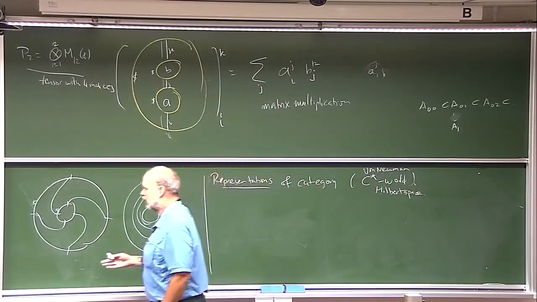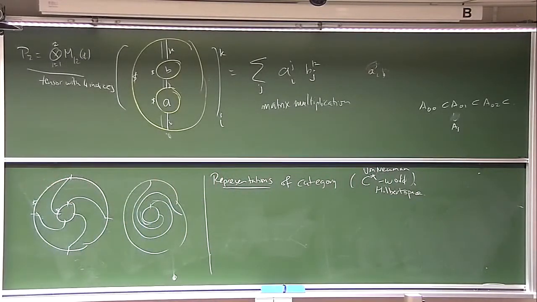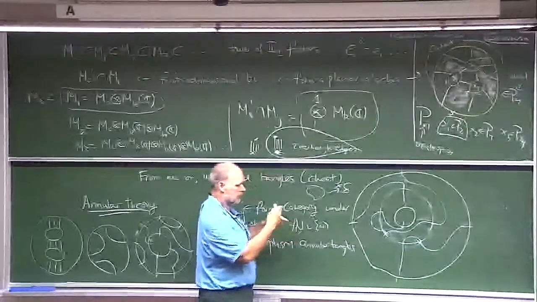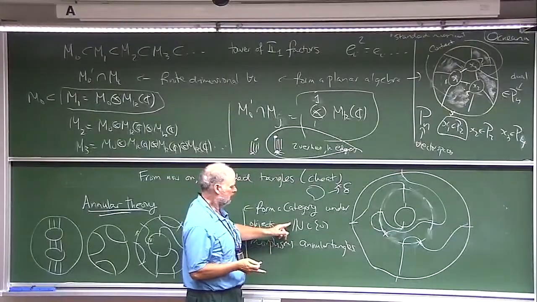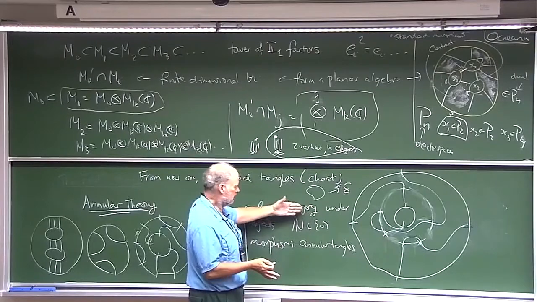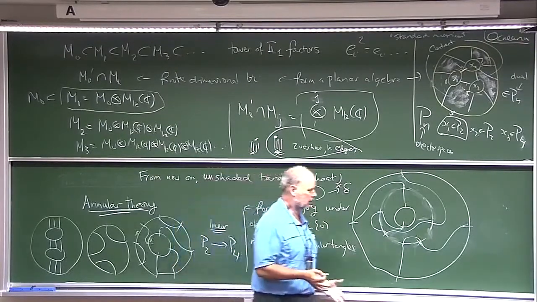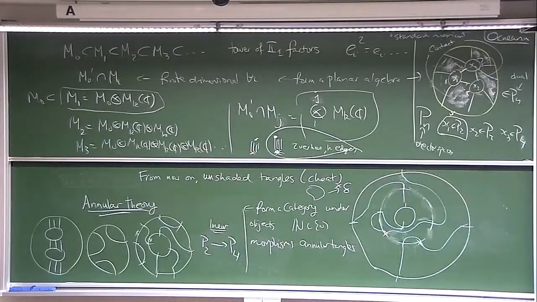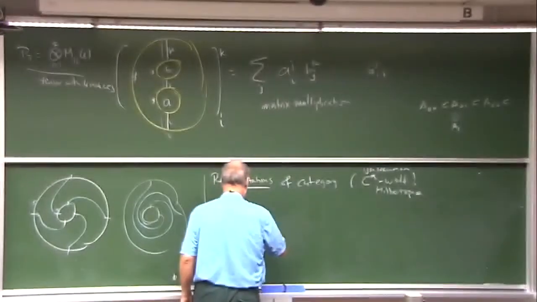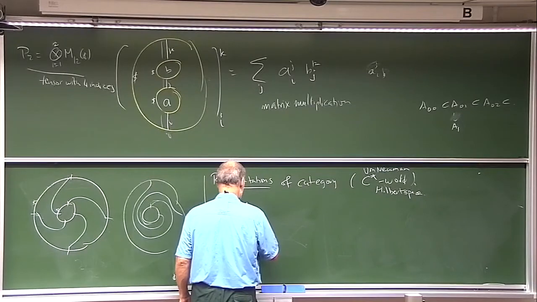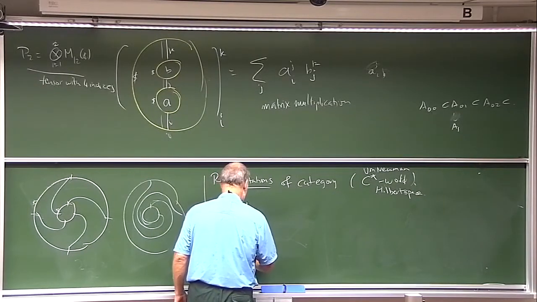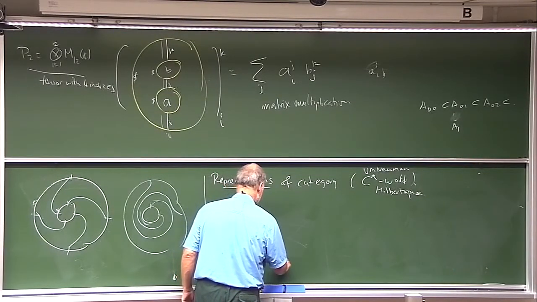So what is a representation, therefore, of this category? The category has objects for each integer corresponding to the number of boundary points divided by 2. It has morphisms for each one of these tangles. So a representation of this category, a linear representation, is going to be a vector space V sub n for each n, and that's going to correspond to 2n boundary points.